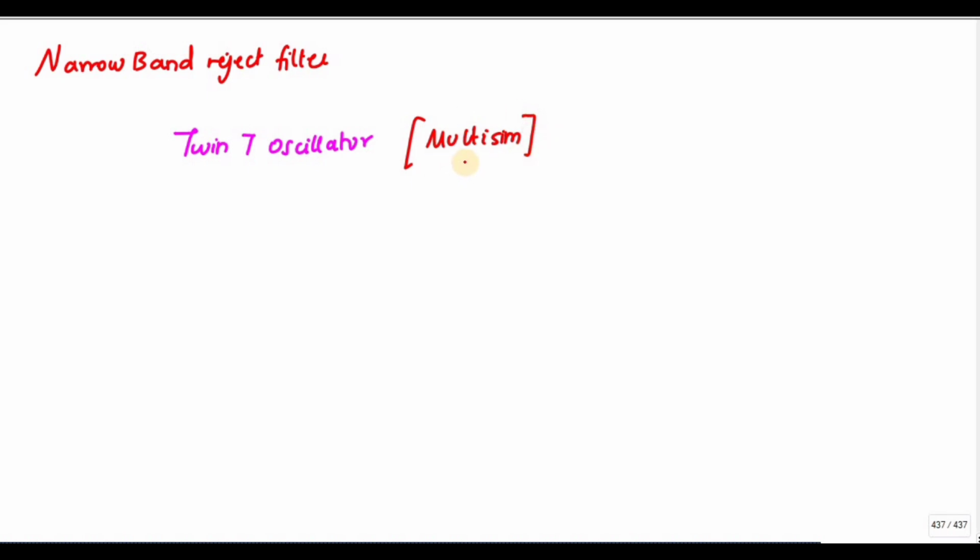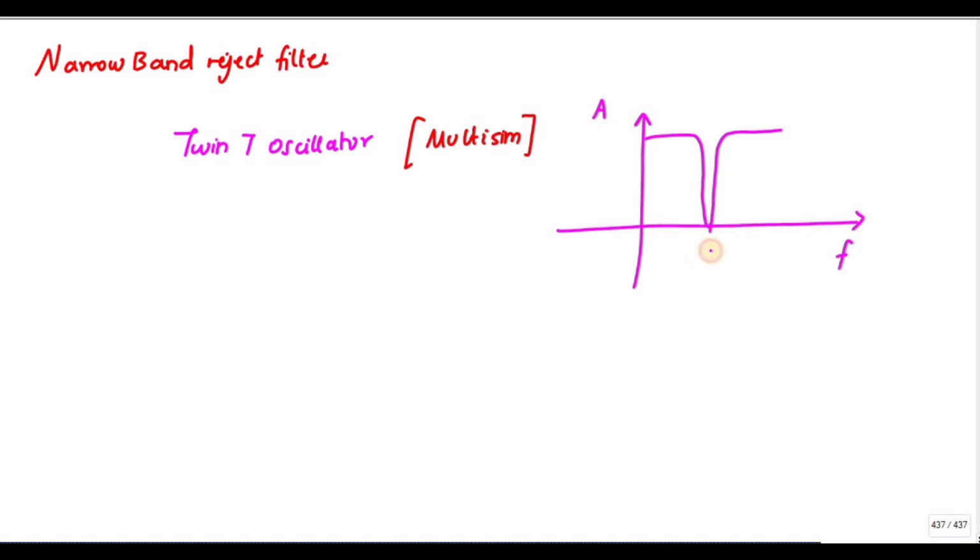It is in a shorts video, and the detailed video is also there, so you can refer to that. If I plot it on semi-log sheet, it will look like this. Here the bandwidth is very small compared to the wide band reject filter. This is my FC. The detailed video I have posted.